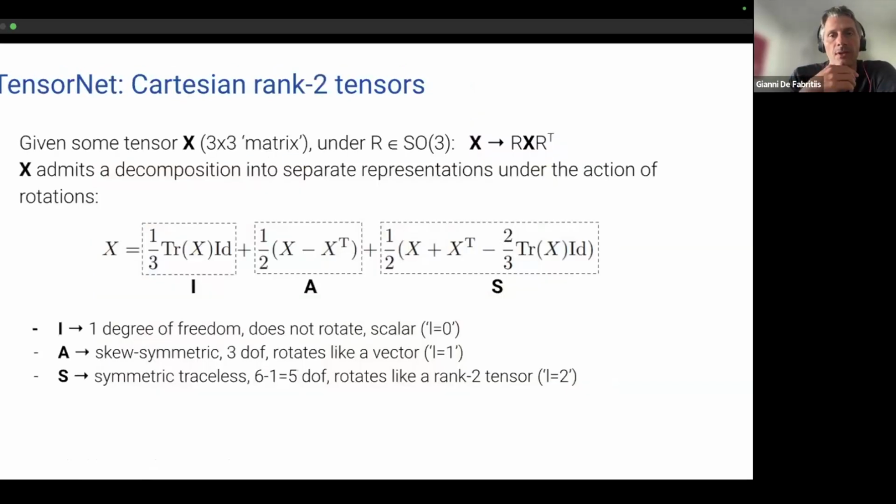And so we started to work in this sort of framework where you can write a tensor X by decomposing it into three parts: an identity part, an antisymmetric part, and a symmetric traceless part, which transform in certain well-understood ways.